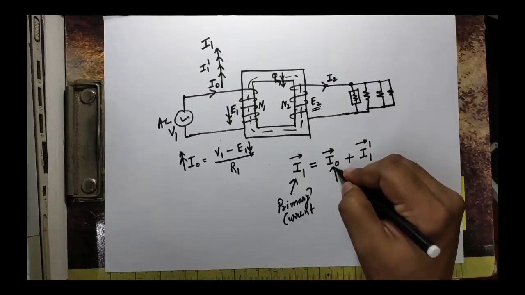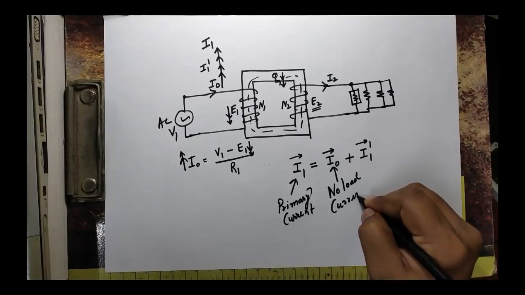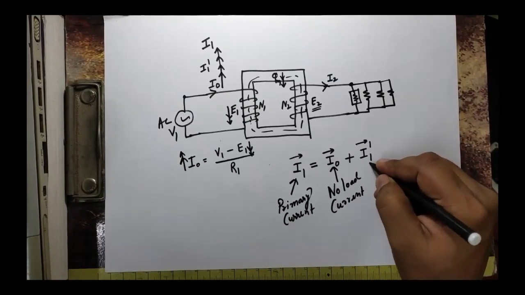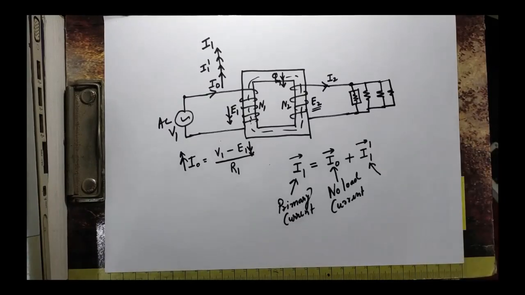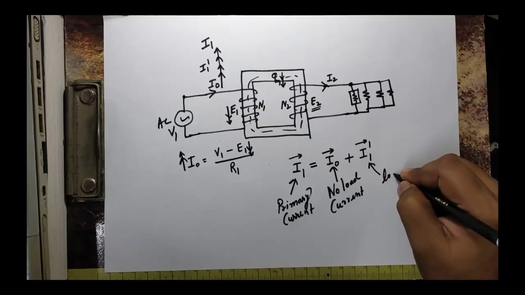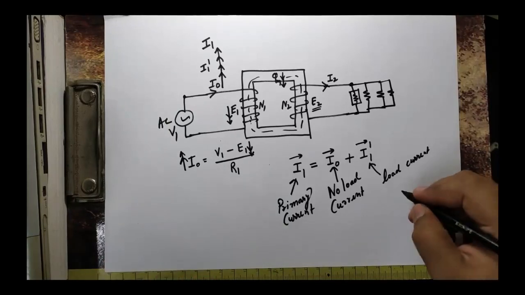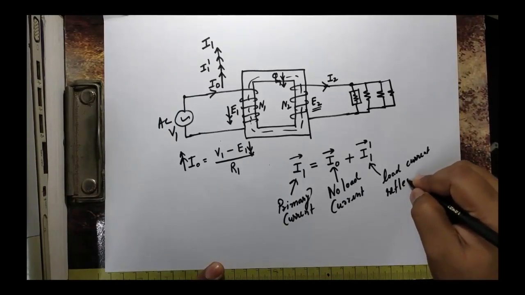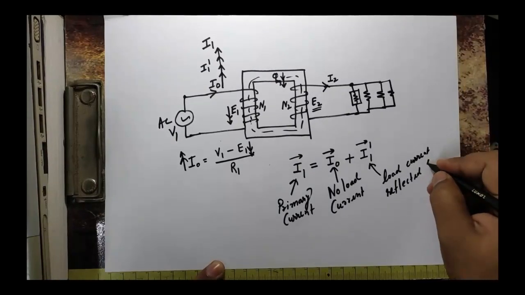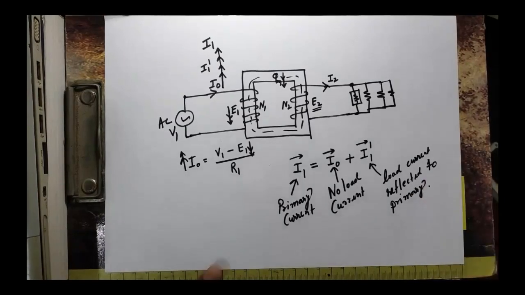This one is the no load current, and this is the load current reflected to primary. So this is the concept.